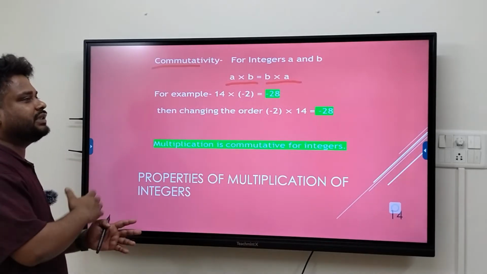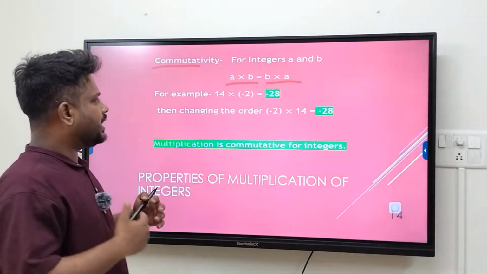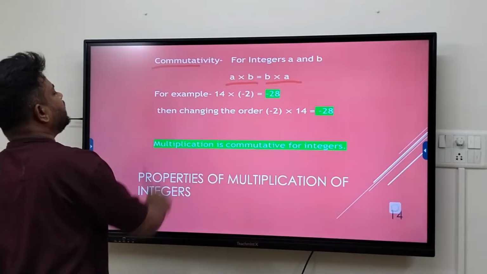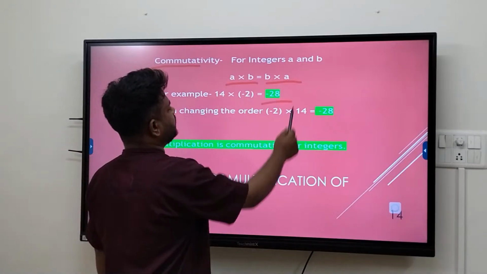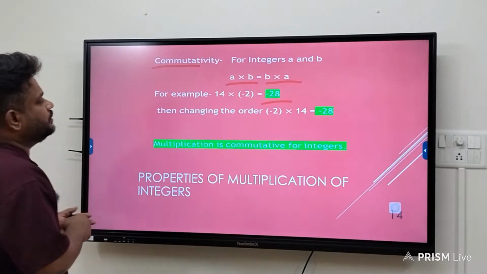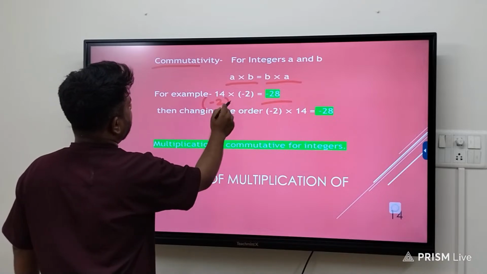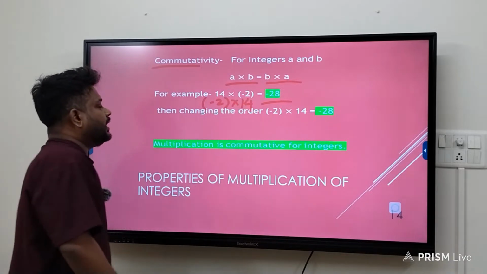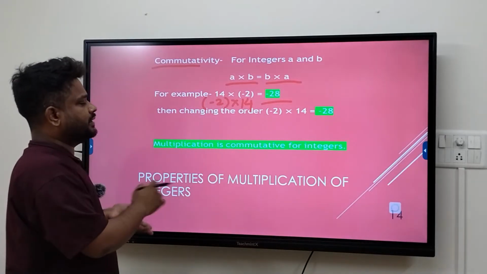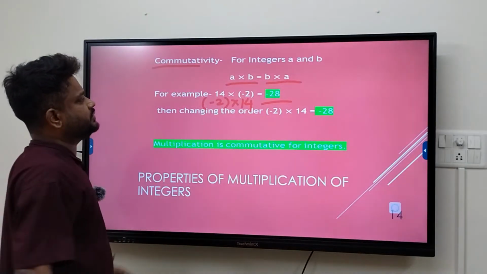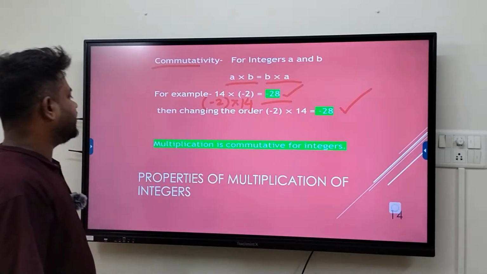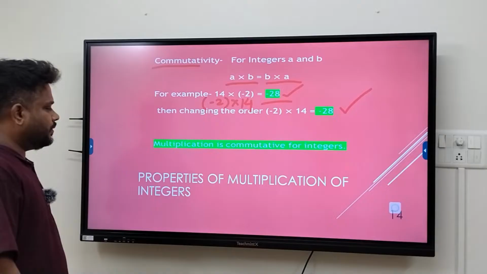Okay, we are just changing the sides, or numbers are commuting from one place to another. For example, 14 into minus 2 will give us minus 28, which is the same as multiplying minus 2 with 14. Okay, if we multiply these two numbers just by changing their places, the answer will be the same. Okay, so multiplication is commutative for integers.